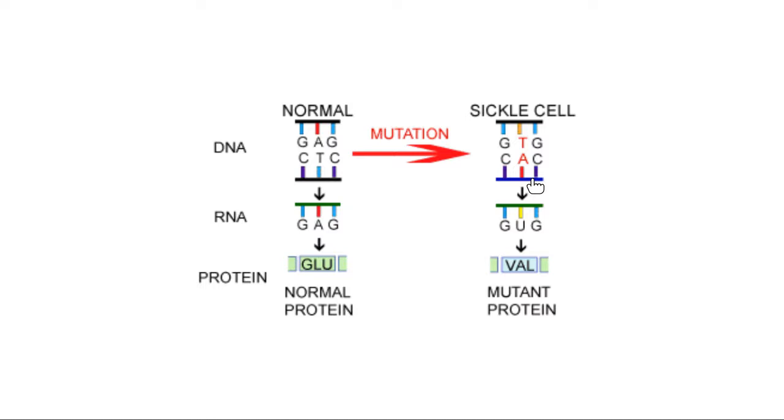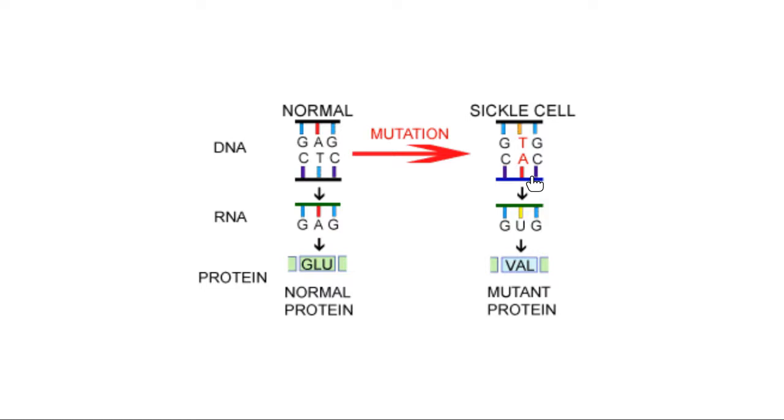We just normally turn off one of those sets. For individuals that have one copy of the mutated gene and one normal copy, we would say that they have the sickle cell trait, which means that a lot of their red blood cells will be the correct shape. Some of them will not be the correct shape.